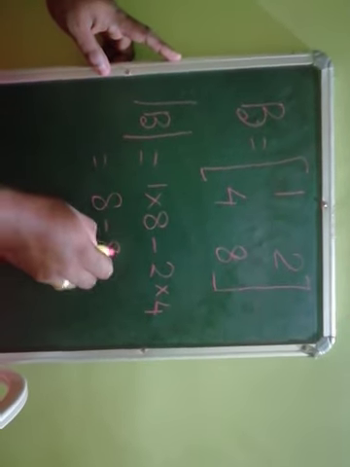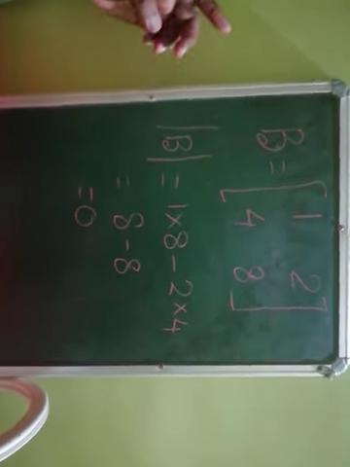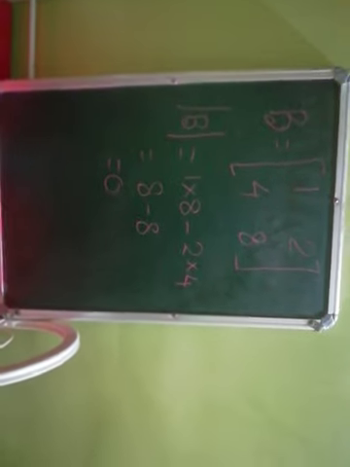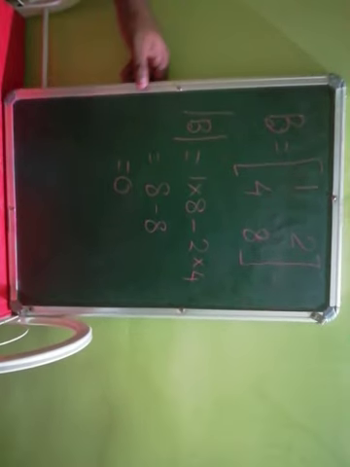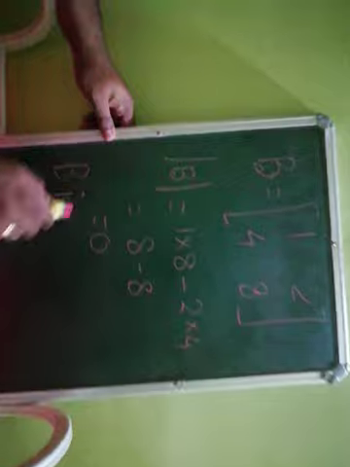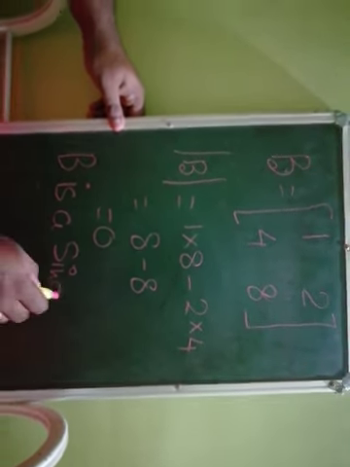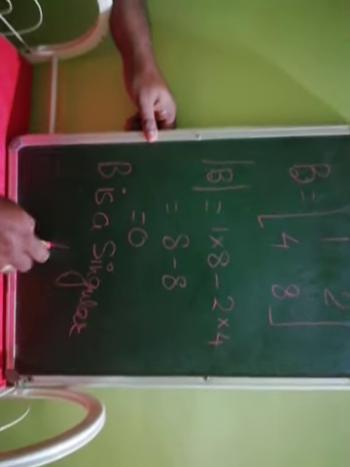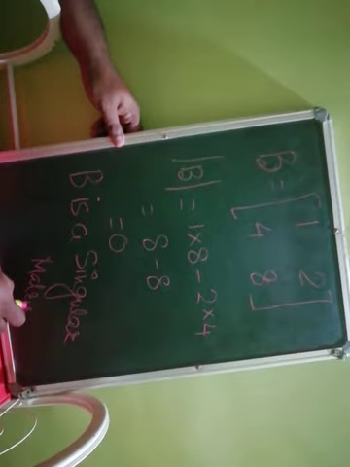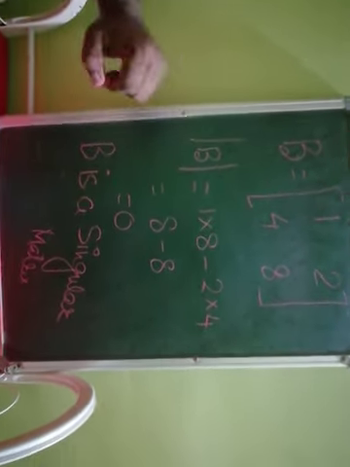So 8 minus 8 is 0. So clearly you can say that B is singular. What is B? B is a singular matrix. So one thing is clear here, the concept of singular and non-singular matrix.